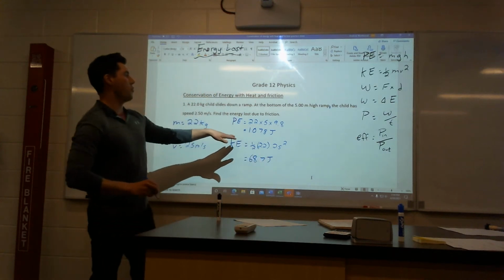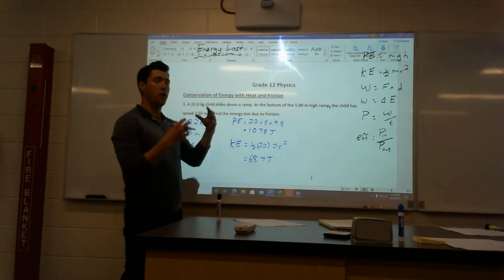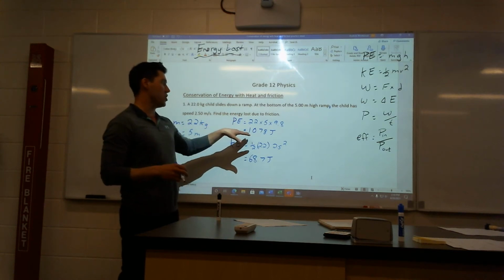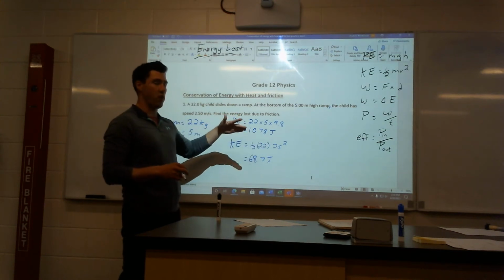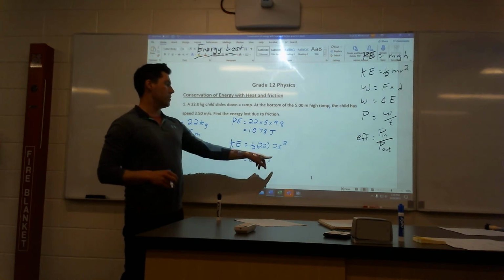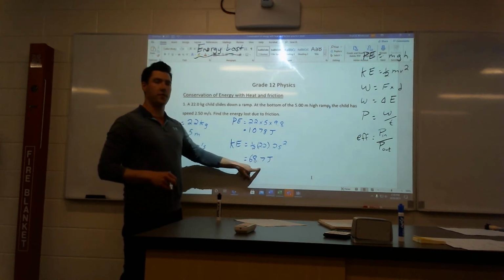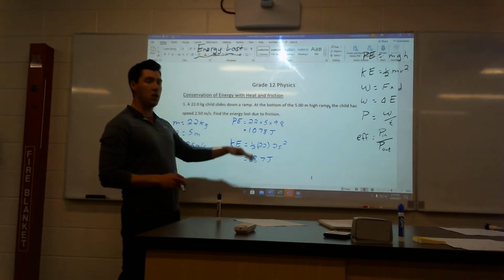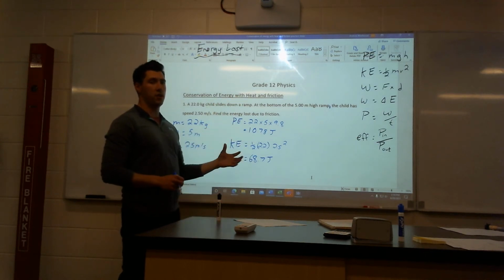So I started with 1,078 joules of potential energy. That's how much should have been transferred. At the end, because they're only going this fast, they only have 68.7 joules left. So we lost a huge amount of energy here.